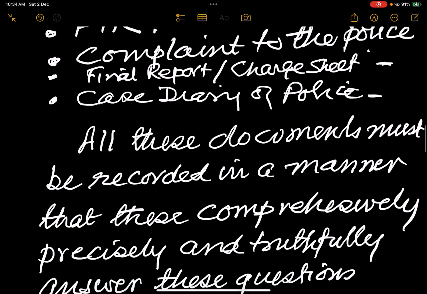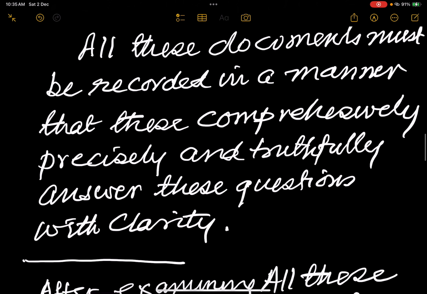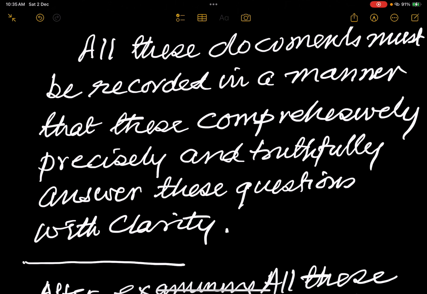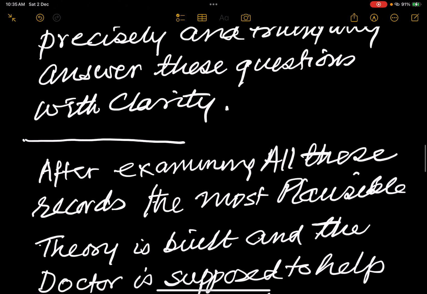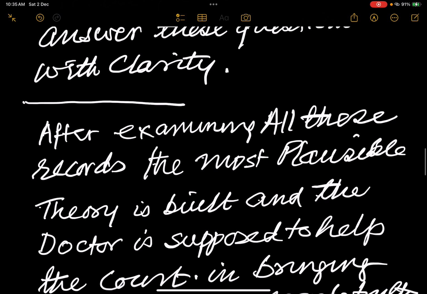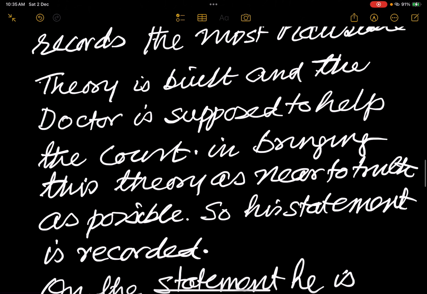All these documents must be recorded in a manner that they comprehensively, precisely and truthfully answer the questions that I have shown you above, with clarity. So after examining all these records, the most plausible theory is built, and the doctor is supposed to help the court bring this theory as near to truth as possible. A statement is recorded.